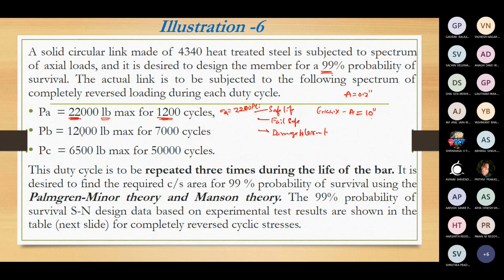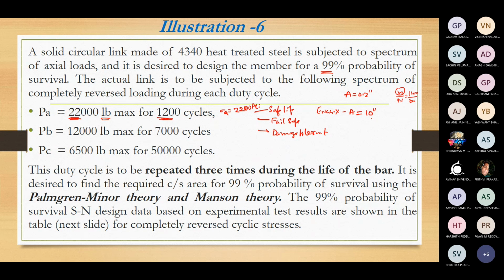Other loads are lesser than that. If you fix initially for the largest load, others will obviously come for a lower value. We are applying only 1200 cycles of that. So if you take the n by N ratio for damage, you are applying 1200 divided by infinity. The component is not failing at all, and no damage is occurring.